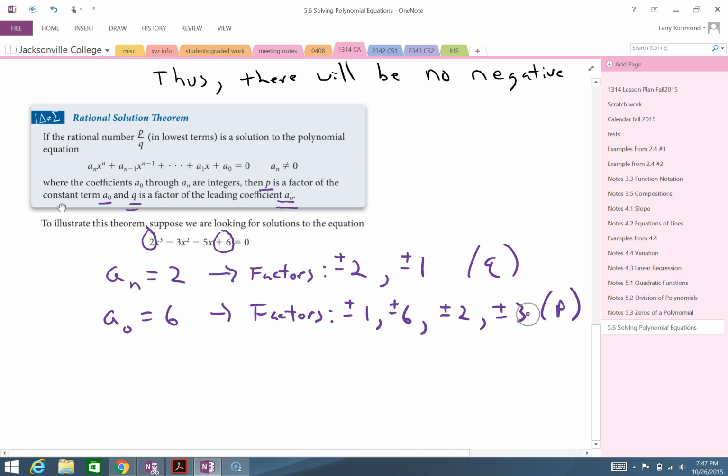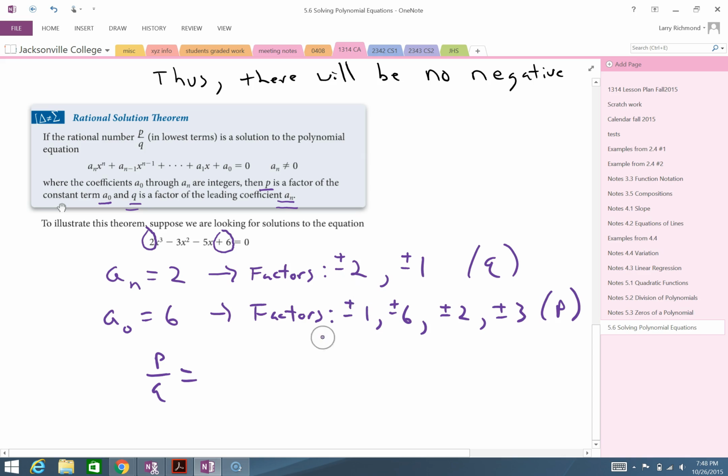Any solutions to this equation will be of the form p divided by q. We're going to take all these numbers and divide by these. Wow, that's quite a few numbers. So it could be plus or minus 1 divided by plus or minus 2.